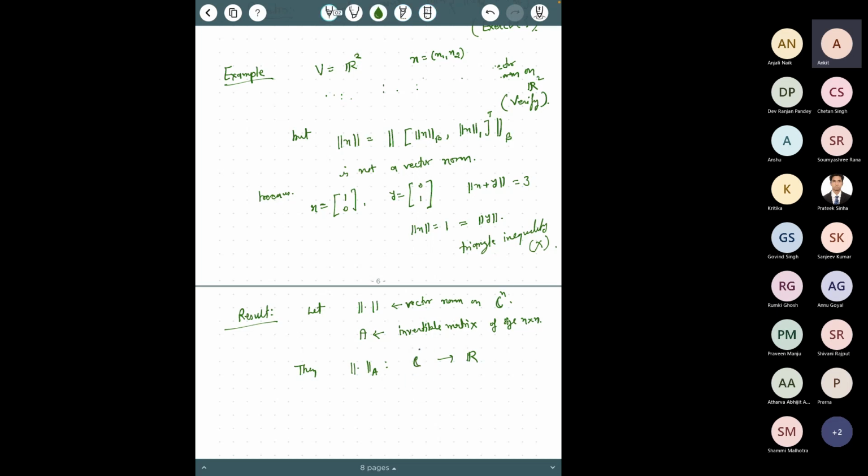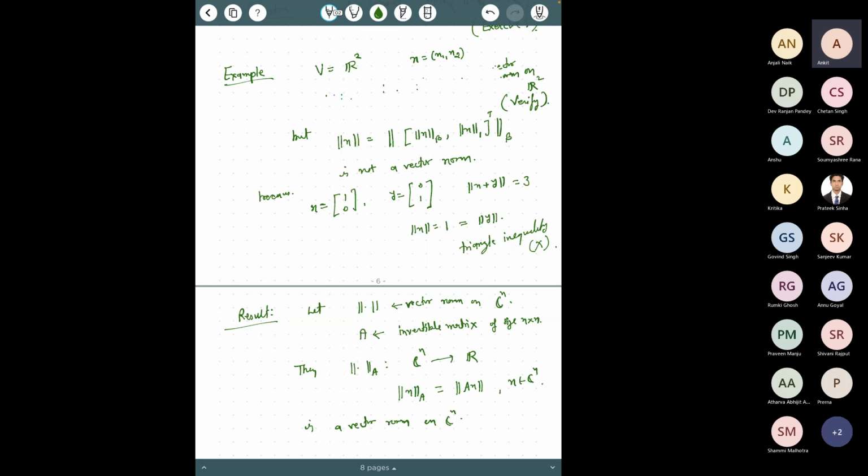How do you define that? You take any vector x in Cn, and the function value is nothing but the vector norm of Ax, where Ax is the matrix-vector multiplication, for all x in Cn. Then this function is a vector norm on Cn.